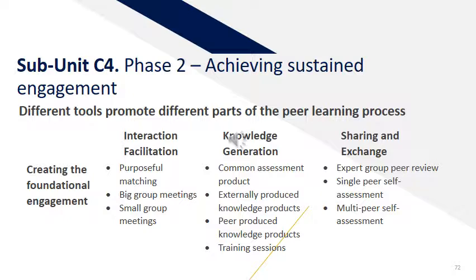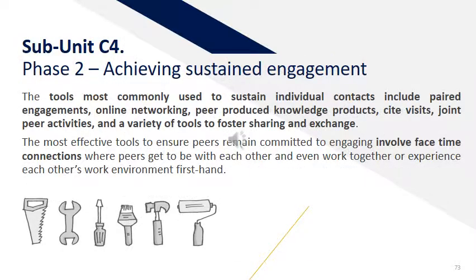And of course, sharing and exchange, expert group peer review, single peer self-assessment, and multi-peer self-assessment. The tools most commonly used to sustain individual contact include pair engagement, online networking, peer-produced knowledge products, site visits, joint peer activities, and a variety of tools to foster sharing and exchange.